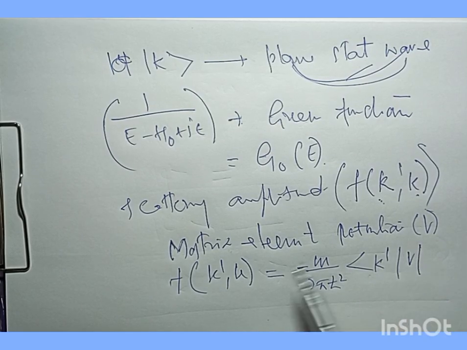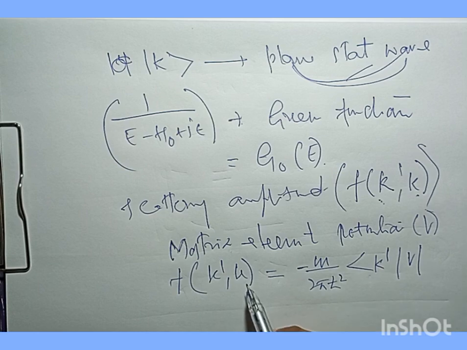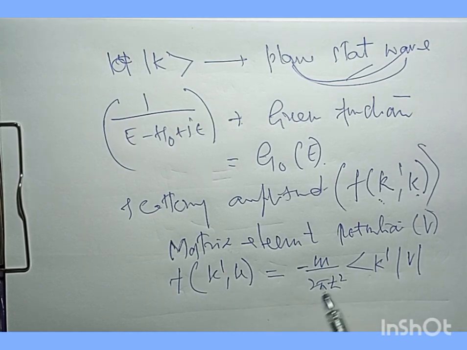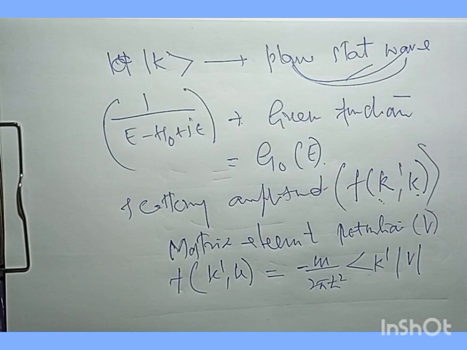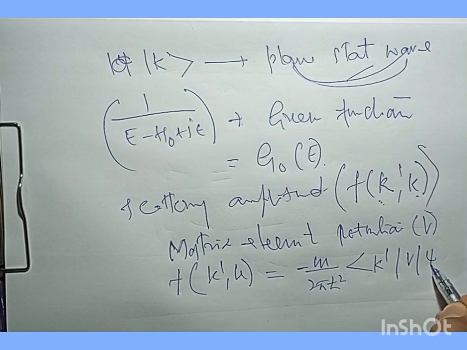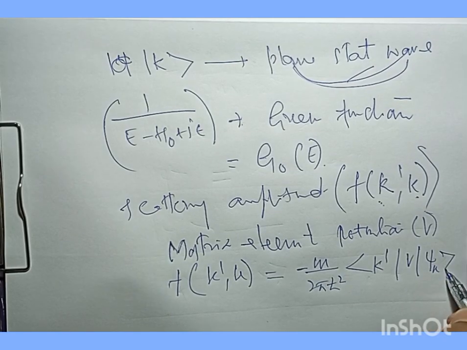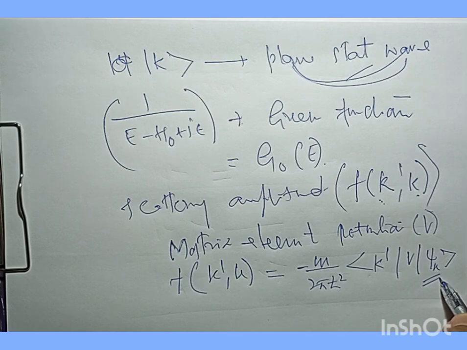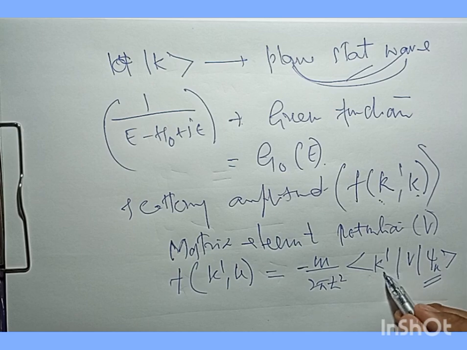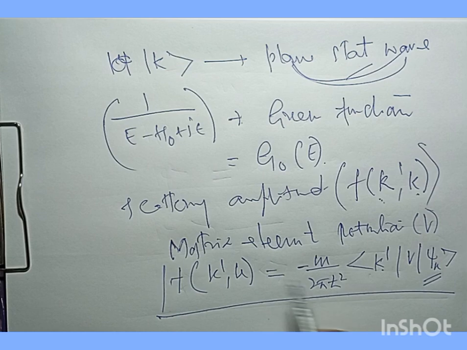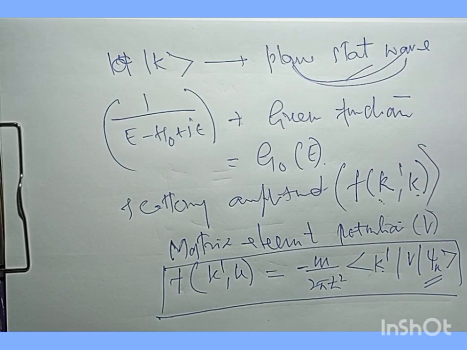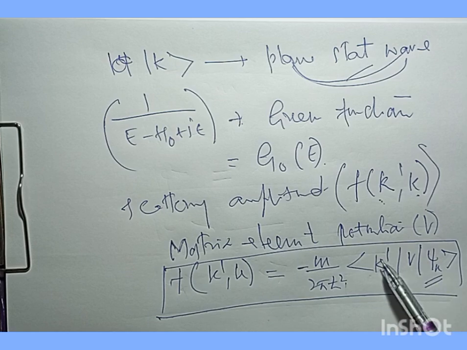So the point is I want to define this scattering amplitude from the scattering state. Now this is my expression for the scattering amplitude, and that can be calculated by simply calculating the matrix element of the potential between psi k and k dash.